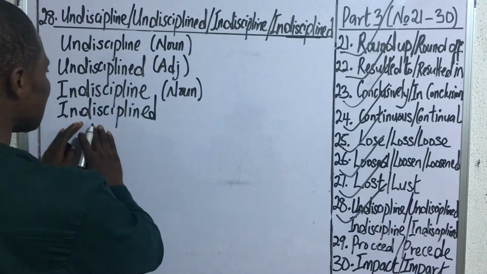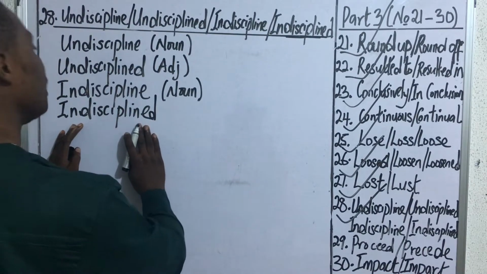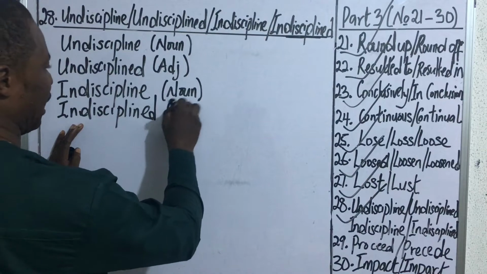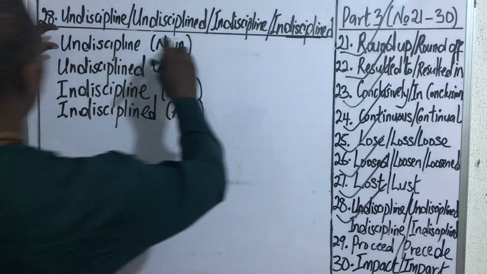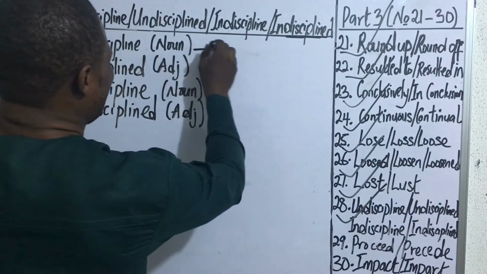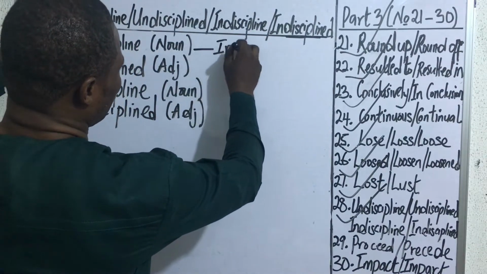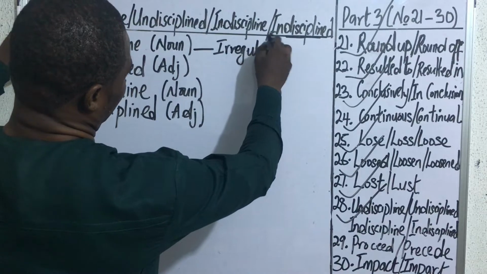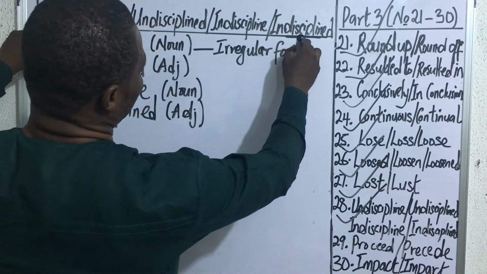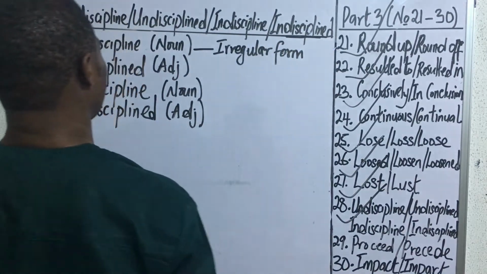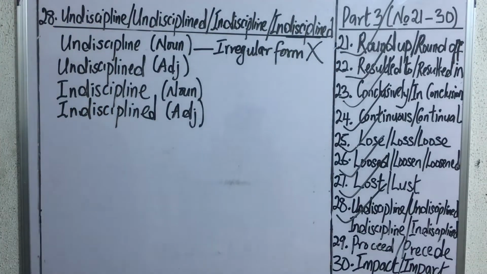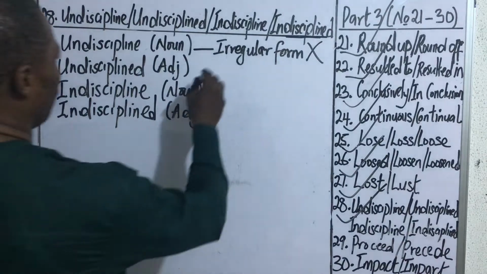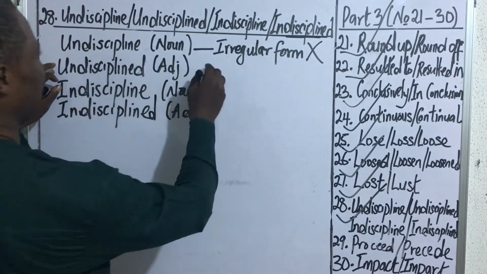Then indisciplined is supposed to be a participle that will serve as an adjective. Good. Now, this word undiscipline is an irregular form. If we say something is irregular, that means it's not in regular use. The regular word is what? Undisciplined.